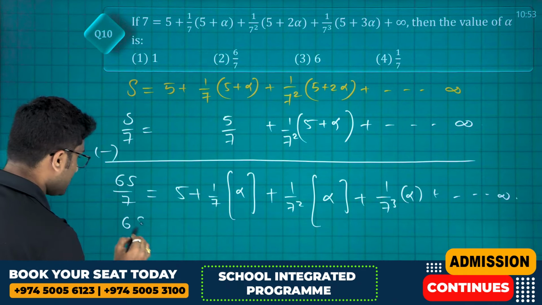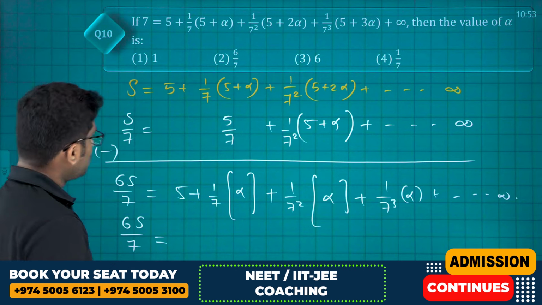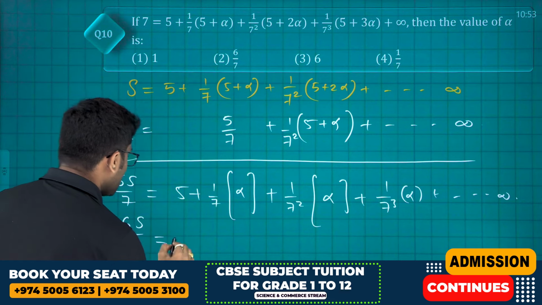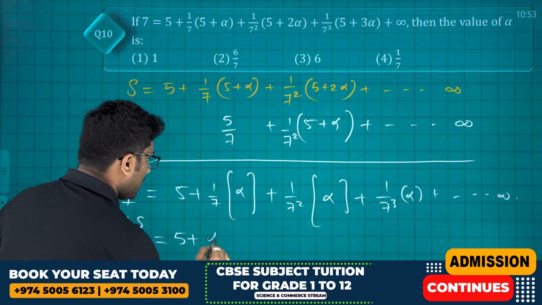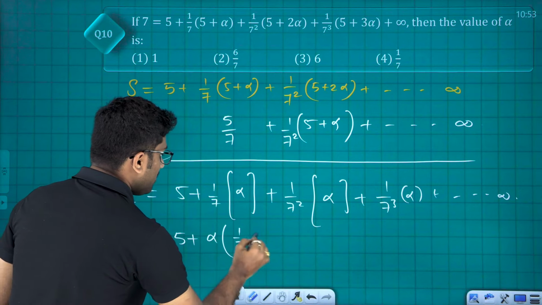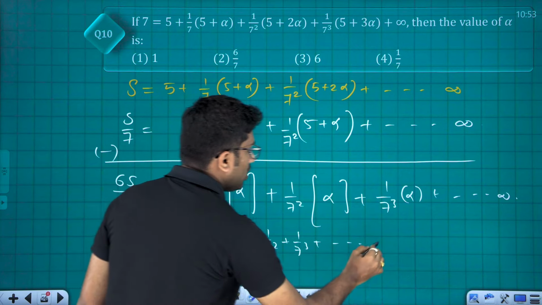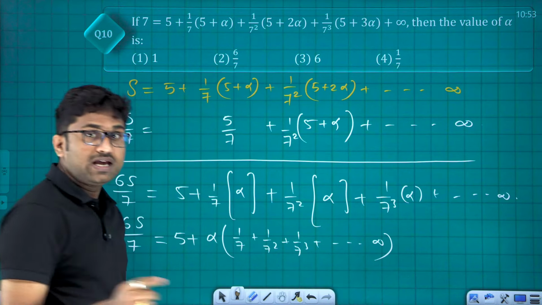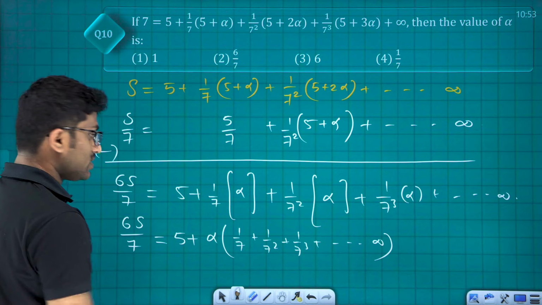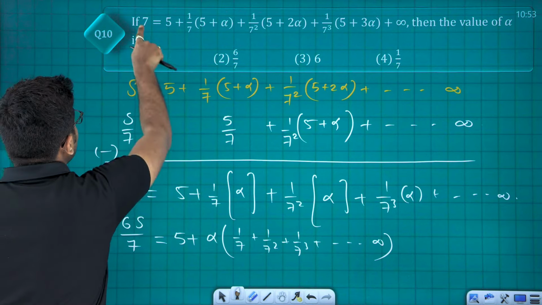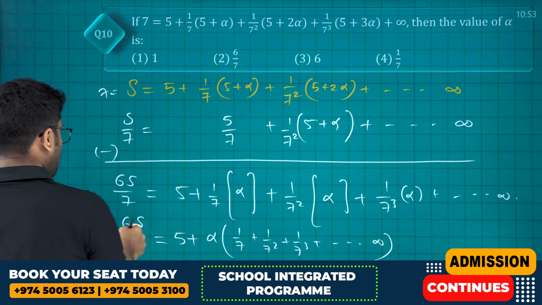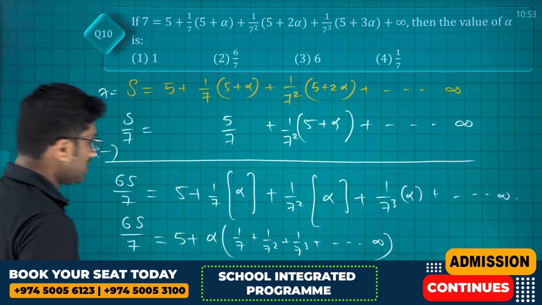So 6S by 7 is equal to 5 plus alpha times (1 by 7 plus 1 by 7 square plus 1 by 7 cube and so on up to infinity). This is clearly an infinite geometric progression, friends. And S is 7, so 6S by 7 is 6.